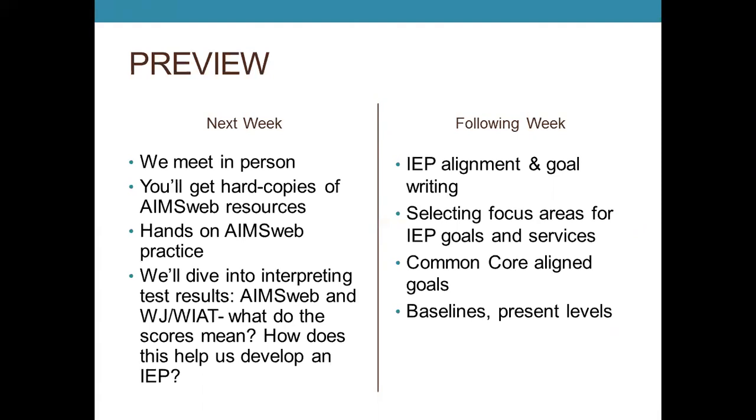And then, of course, areas of student deficit where we do want to focus our goals, our instructional minutes, and our interventions to best meet that student's needs and make sure that the IEP is compliant, is aligned, and that everyone has a solid understanding of how to go about drafting the different components, such as writing present levels, baselines, Common Core aligned goals, etc. So that's sort of the roadmap of where we're heading.